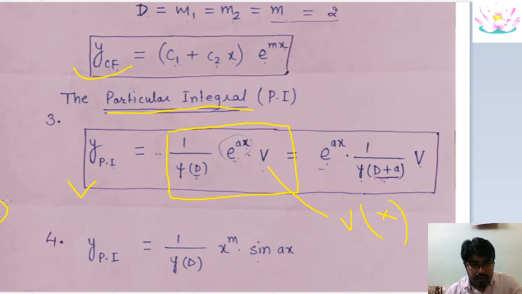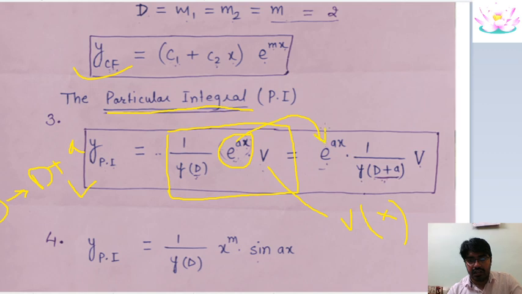What is a? a is the power of the exponential function. And this exponential term will come before the function given.